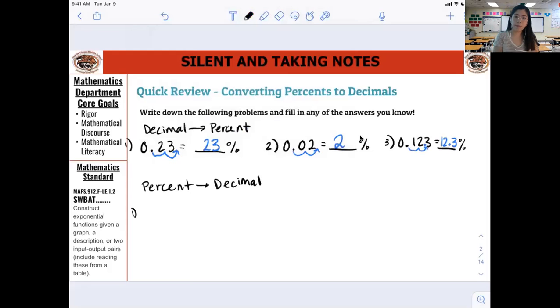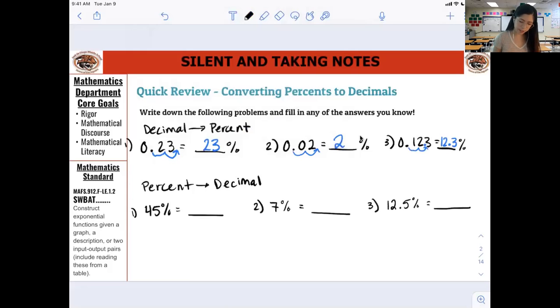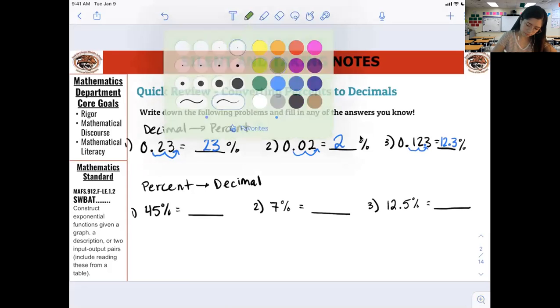Now percent to decimal, we're going backwards. So here we go. 45% as a decimal? 0.45. Good.